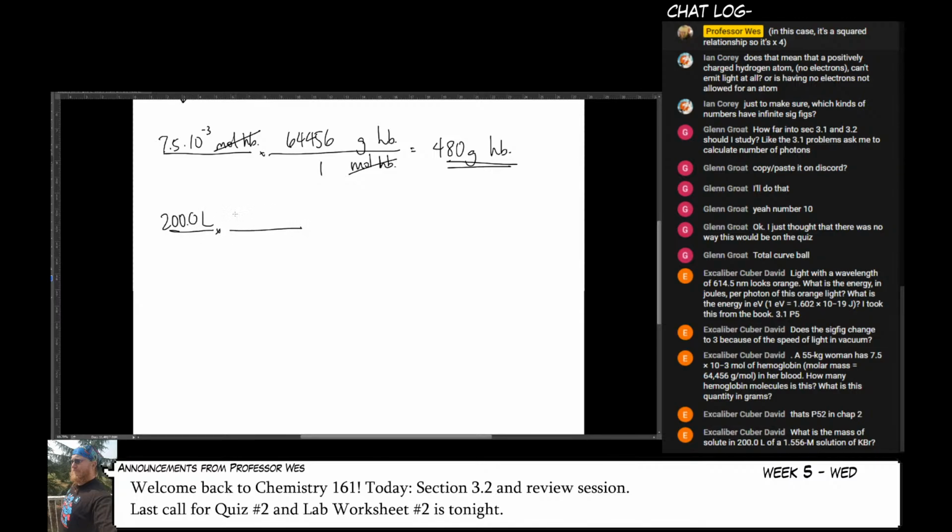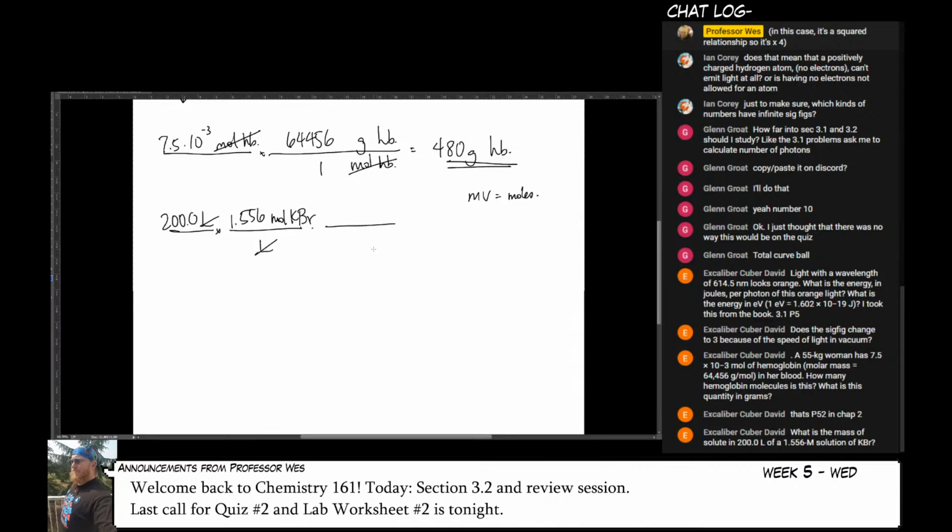And I can do that by multiplying. Remember that M times V equals moles, right? So I'll take the volume and I'll multiply by the molarity. So that will give me the number of moles, which is like some 300 or so moles.